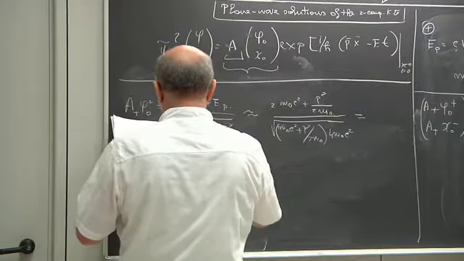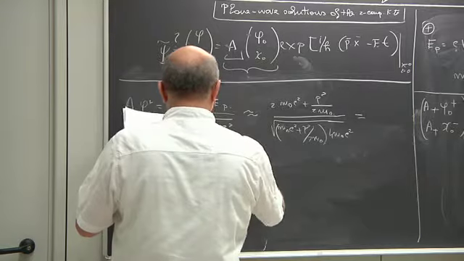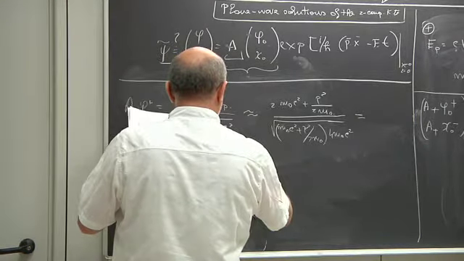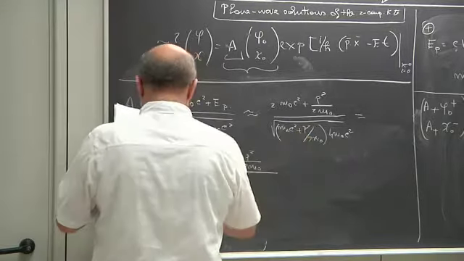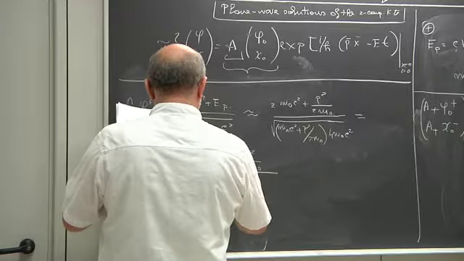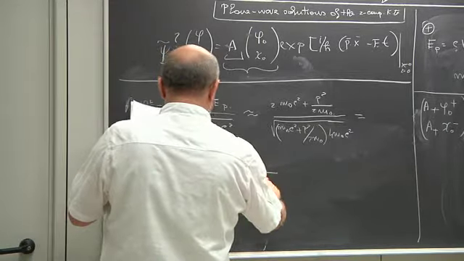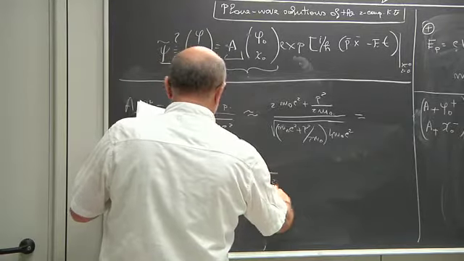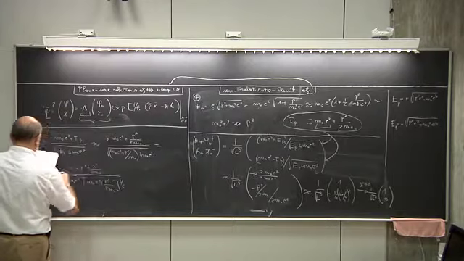Okay, this is equal to 2m0 c square plus p square over 2m0 in the numerator, the same, and the denominator we factor out this part, so I have 4 m0 c square, then I have m0 c square plus p square over 2m0, to the 1/2.